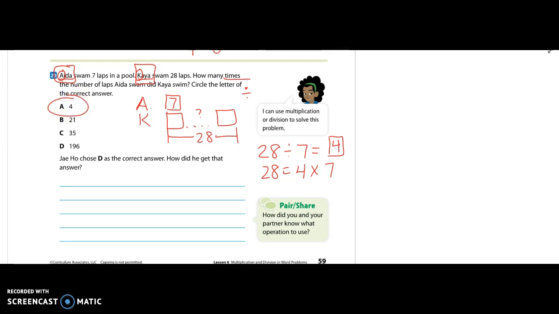Now, some of these problems often ask us to think about why someone would choose an incorrect answer. So J.H. chose D as his correct answer. And how did he get that? I have a guess that he probably multiplied the numbers 28 and 7 together to get this large number, because 28 is nearly 30, if I round that and come up with a smart rounding answer.